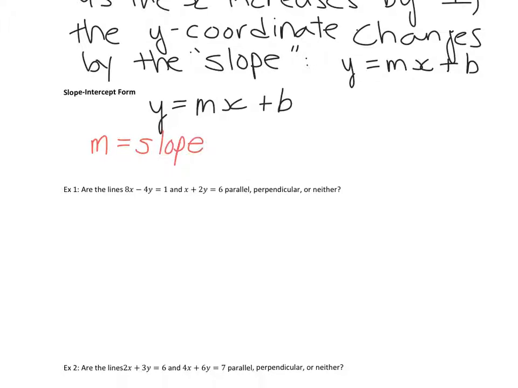And notice when x is equal to 0, that's how you find your y-intercept. When x equals 0, this would disappear, and we're left with y equals b. All right, so we have a fast way of figuring out the slope and the y-intercept now of our lines.